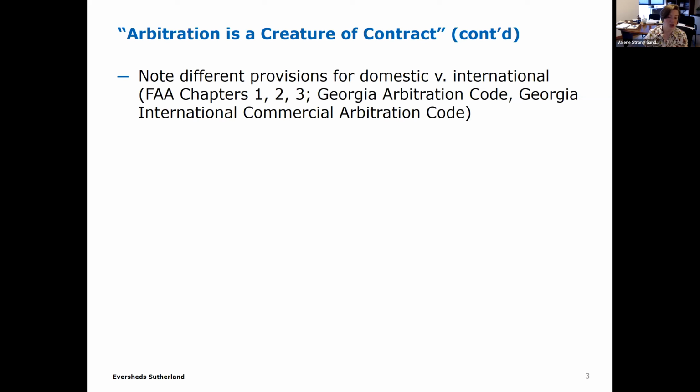What a court generally is not going to do when asked to enforce or set aside an arbitration award is put itself in the seat of the arbitrator or the arbitration panel and ask, do I think they got it right? Even under an abuse of discretion standard, that is not to be expected in arbitration. So Erica's absolutely right that when you're advising a client about what they want, that's a huge consideration.